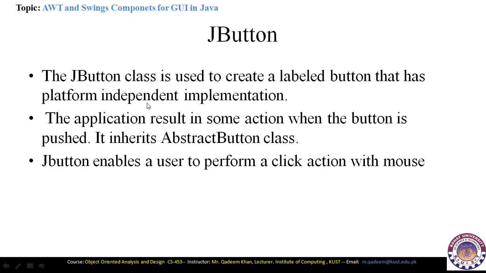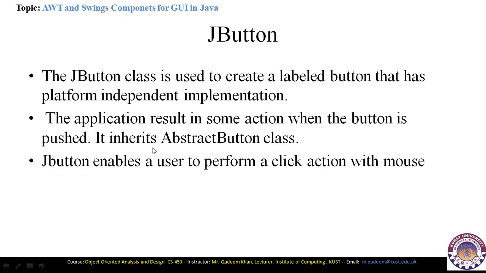Basically Java gives us platform independent applications, meaning that Java applications can run on any sort of Windows or any sort of hardware platform. Applications result in some action when the button is clicked.